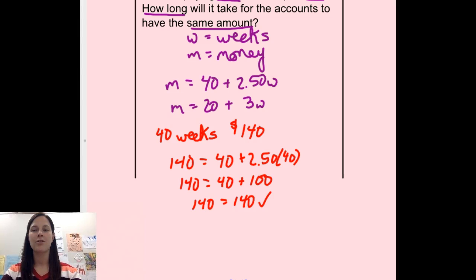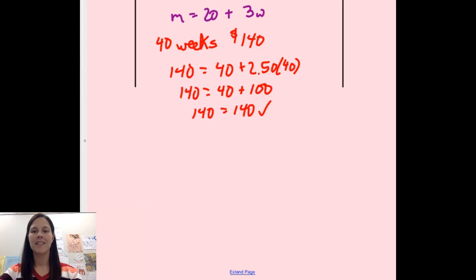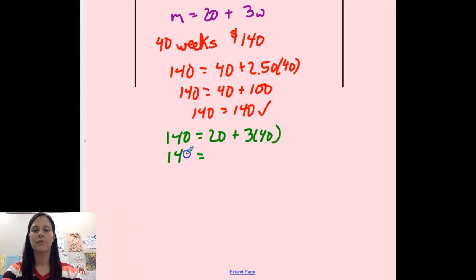Johnny will have $140 in his account after 40 weeks. And let's see if it checks out for Sylvia's account. Will she have $140 after investing $20 at $3 a week for 40 weeks? Does 140 equal 20 plus 3 times 40, which is 120? Sylvia will have $140 after 40 weeks as well.